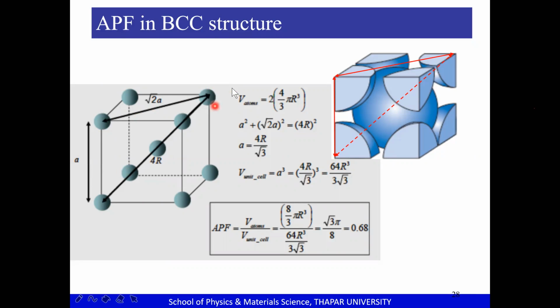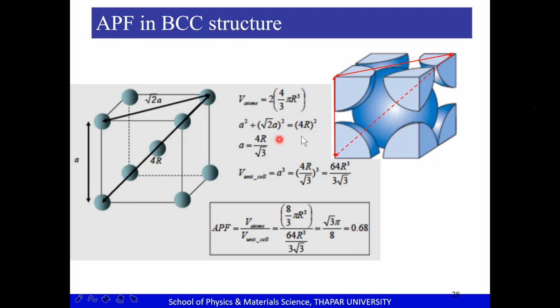So it's a right angle triangle, and I can use Pythagoras there to find out the correlation between a and R. So I am doing this. The square of this side is a squared, plus the square of the face diagonal, which is (root 2 a) whole squared.